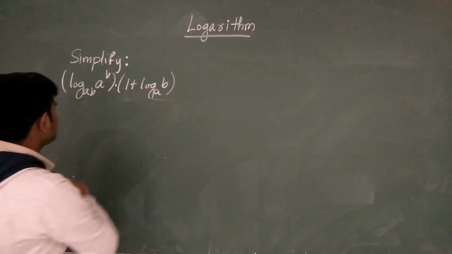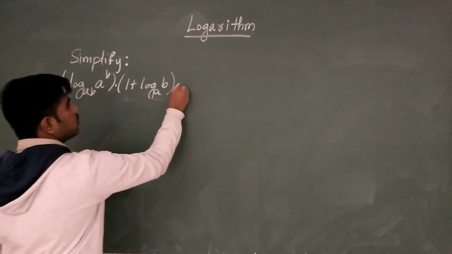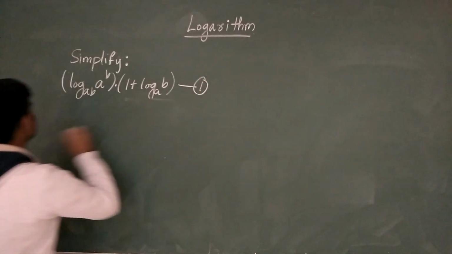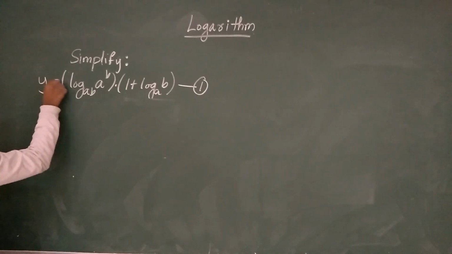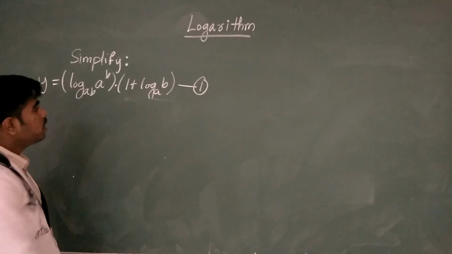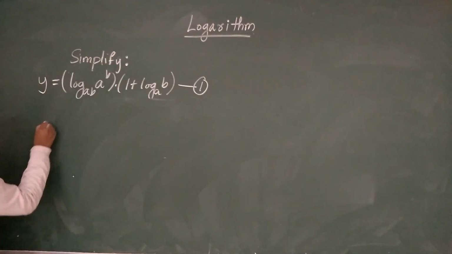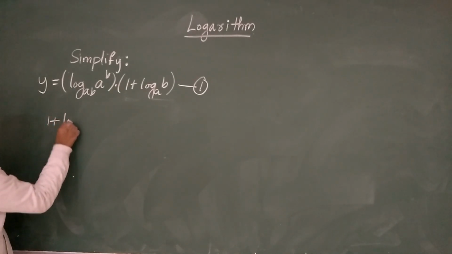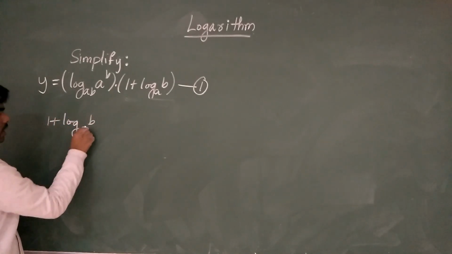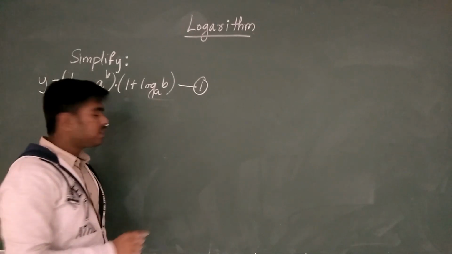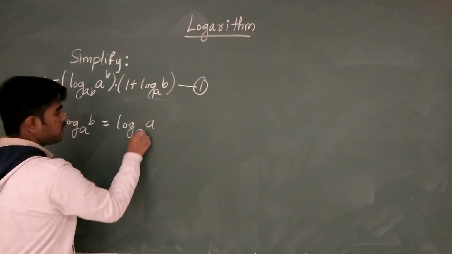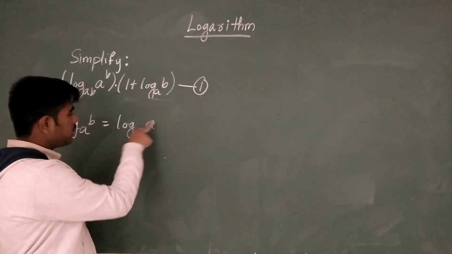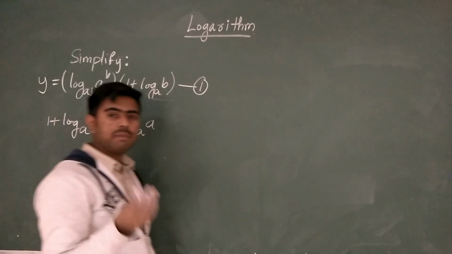First, let me call this equation 1 and let me call this y is equal to this function. When I take this term, that is 1 plus log b to the base a, I can write 1 as log a to the base a, because log a to the base a is nothing but log a by log a.